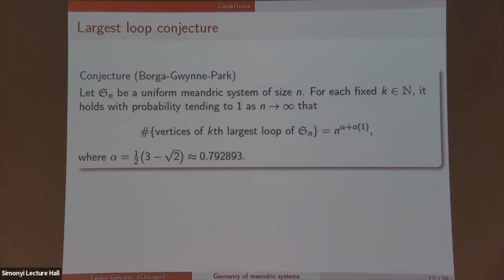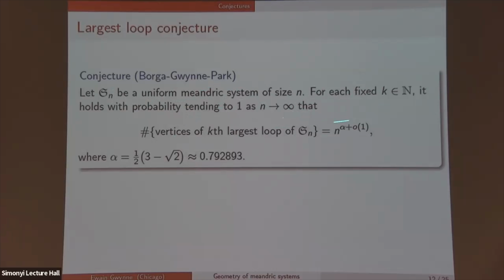Okay, so in order to explain how these numerical simulations can give evidence for our conjectures, I first want to state a conjecture for a certain exponent associated with the uniform meandric system, namely the exponent for the size of the largest loop. If sigma n is a uniform meandric system of size n, then for each k, we look at the kth largest loop in the meandric system, the one with the kth most intersection points with the real line.